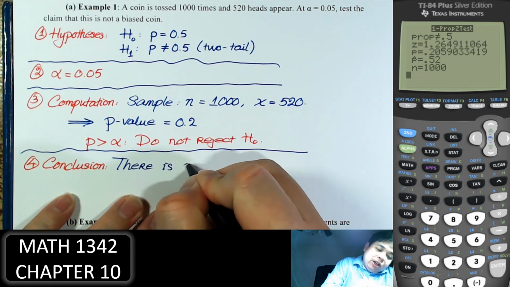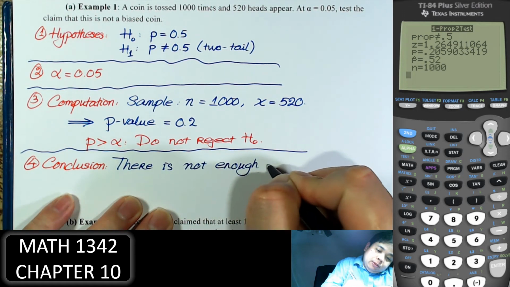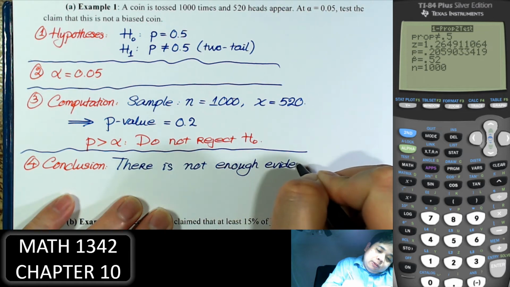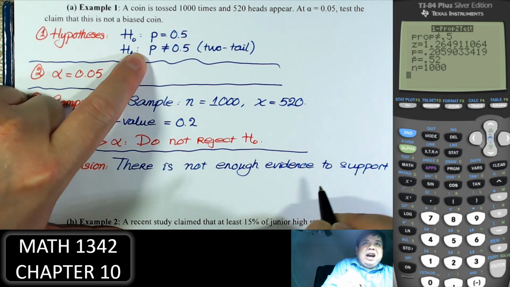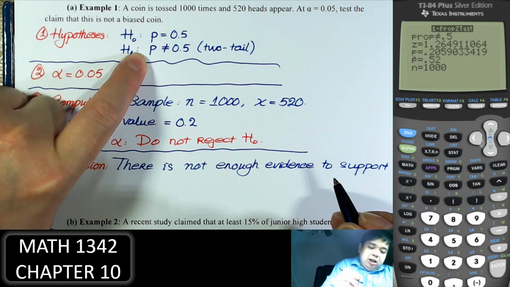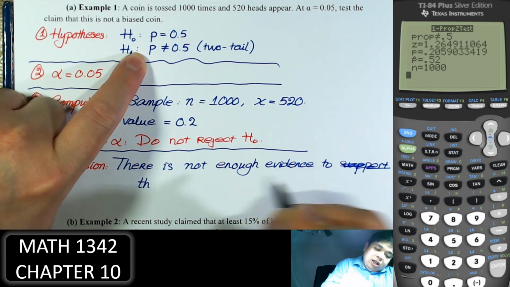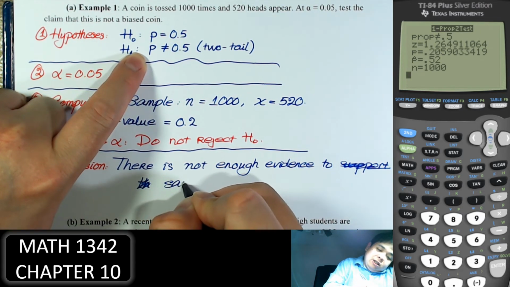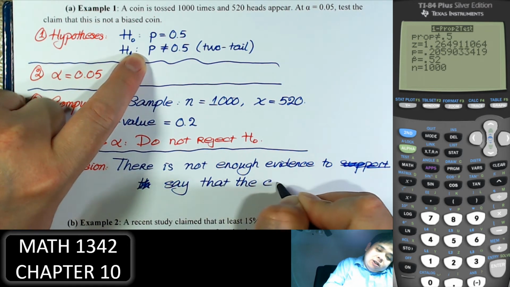So there is not enough evidence to support H1, to support that the coin is biased.